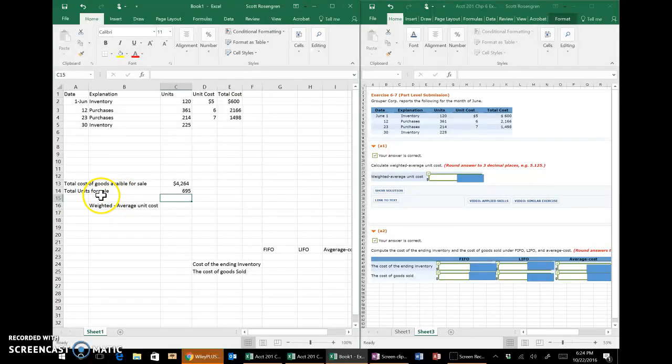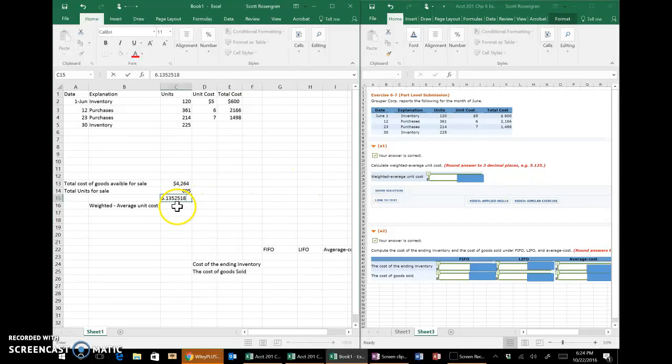When we do this, we get the number 6.1352518. And here in our question it says round answer to 3 decimal places.